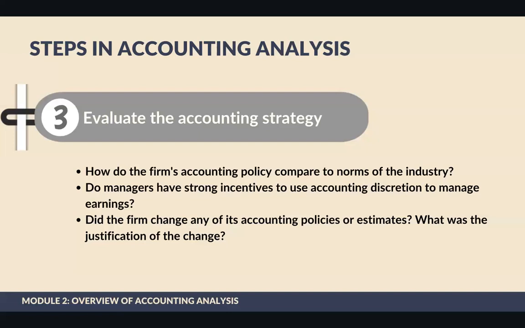And that particular result should align theoretically with the goals that have been established by the company. So your accounting policies should also be able to match the strategy being established.